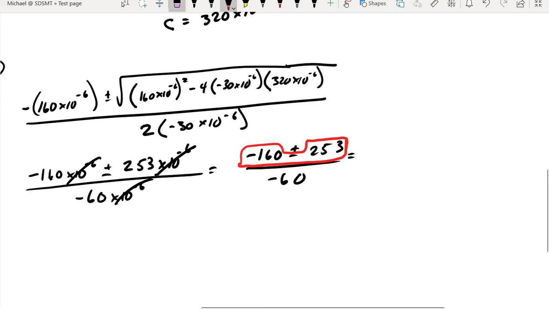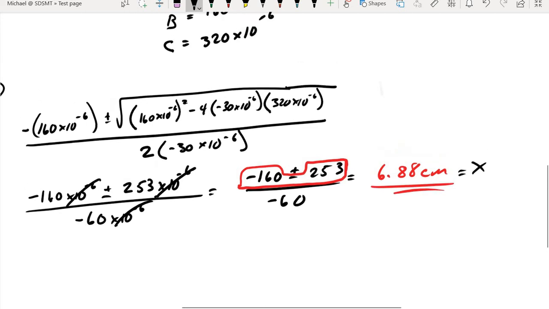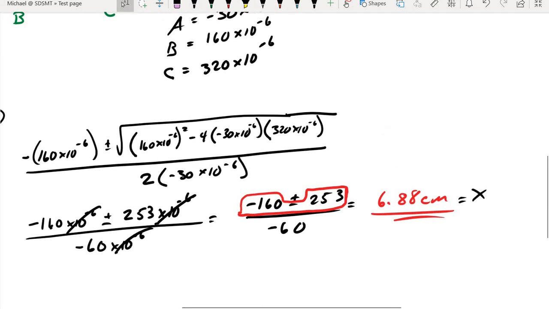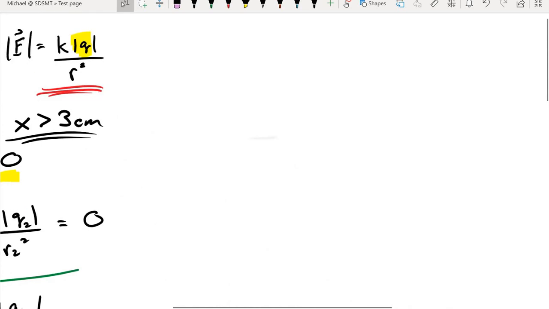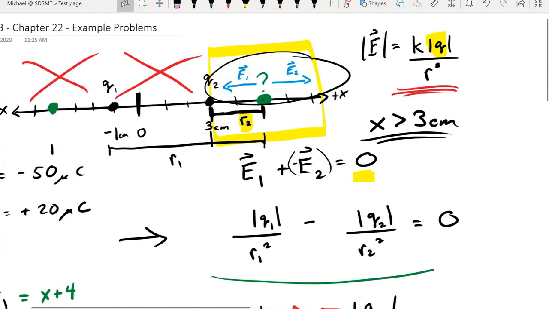But by combining the two negatives in the numerator, I get a negative numerator. Then I divide by the negative denominator, and that turns it into a positive solution. And so I get a value of x that is equal to 6.88 centimeters. Now, keep in mind, where has x been measured from?